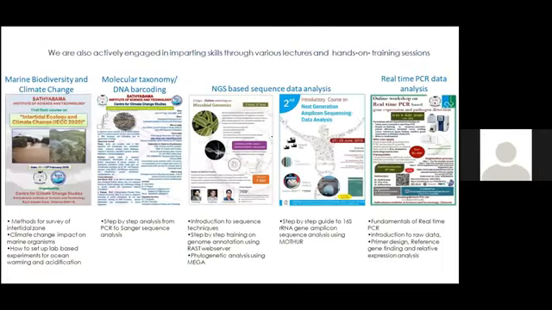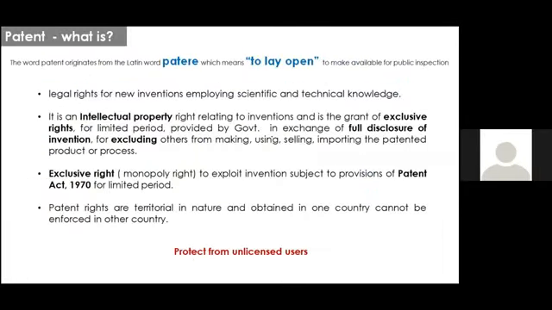So let us go back to the topic. The word patent originates from a Latin word, which basically means to lay open. It means to make the research available for public inspection. A patent can also be seen as an intellectual property right relating to an invention, and is a grant of exclusive rights for a limited period of time provided by the government in exchange for full disclosure of the invention.